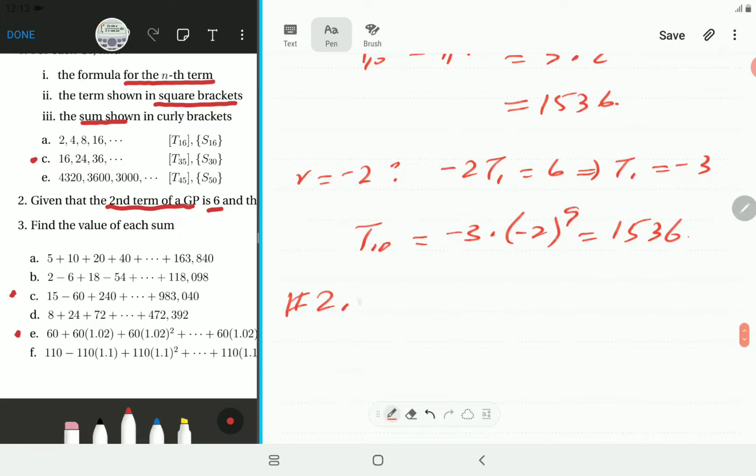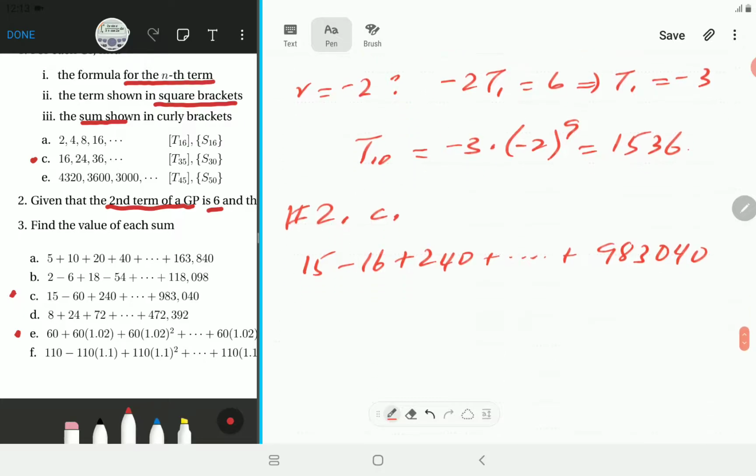So number 3C, we have got 15 minus 60 plus 240 plus, and then it goes all the way to 983,040.